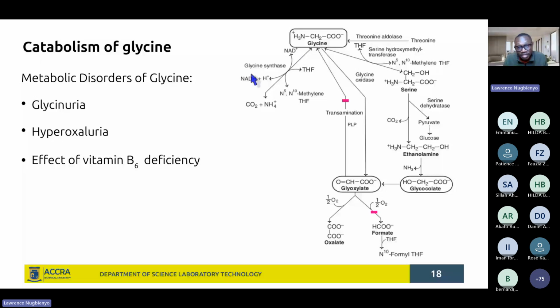And this is actually acting in the opposite direction, where you have carbon dioxide, CO2, with this amine group combining, reacting between them to give you glycine. So you can have some process by which you are having the synthesis of glycine from smaller molecules, say from the carboxylic acid group of a compound and then an amine group. Then you are having some carbon that is transferred, and you'll be having the synthesis of glycine.